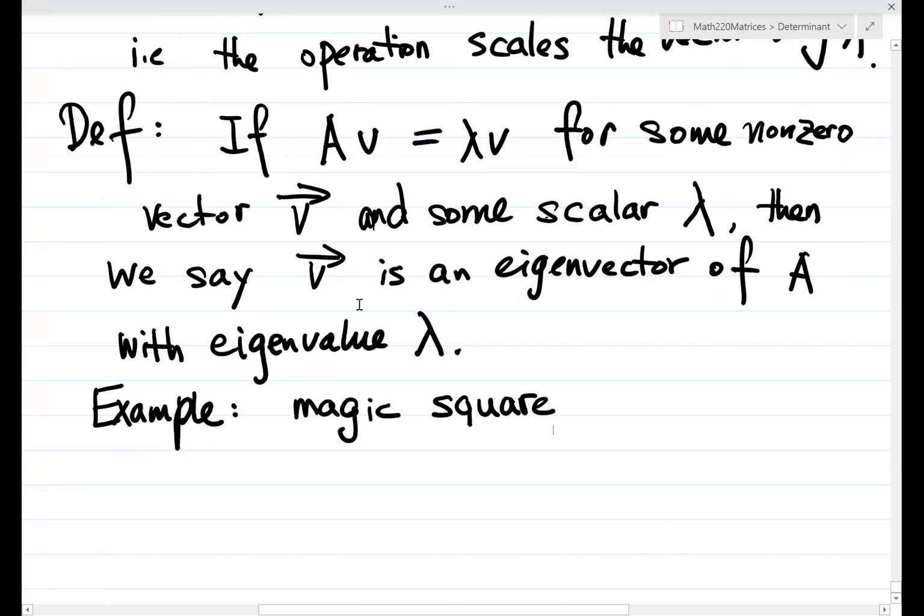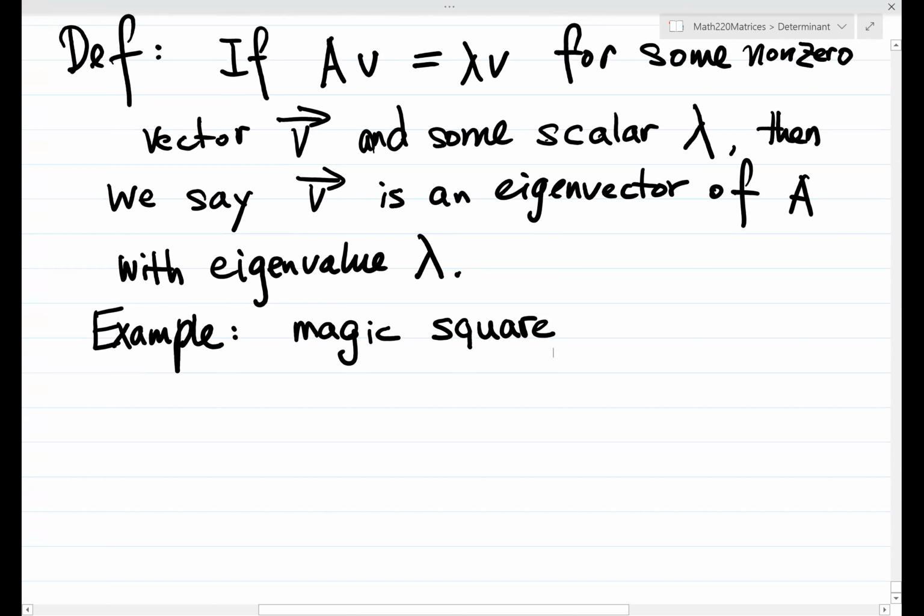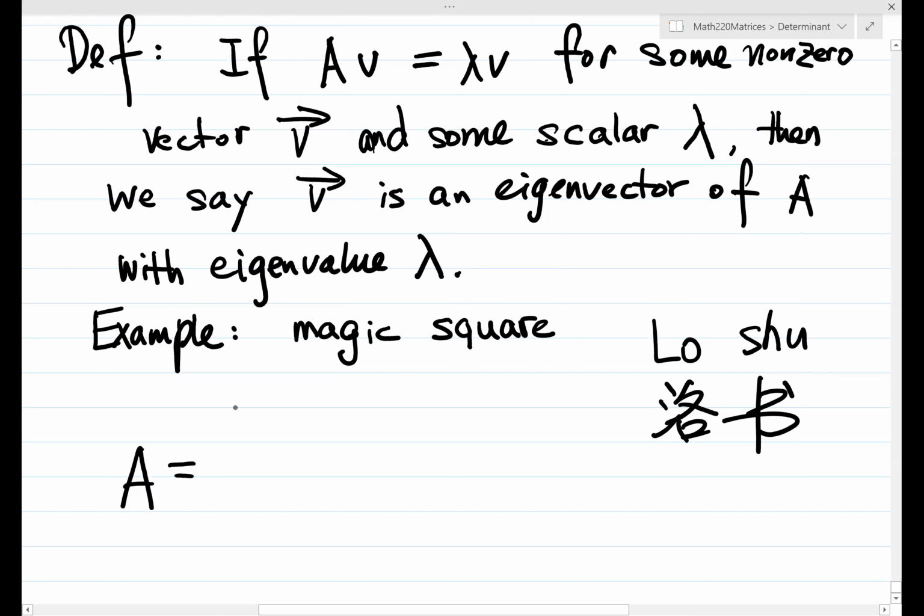The magic square, or you call it in Chinese 洛书, if you can read Chinese. The matrix A is this: 4, 9, 2, 3, 5, 7, 8, 1, 6.